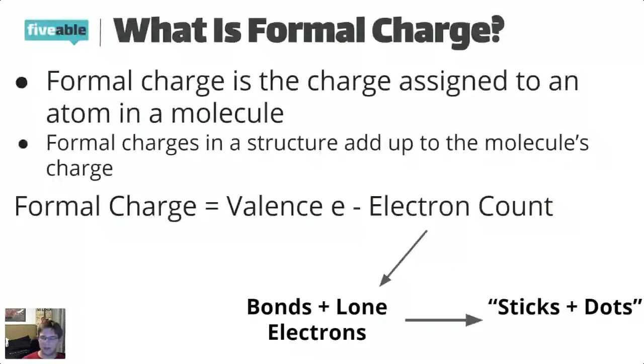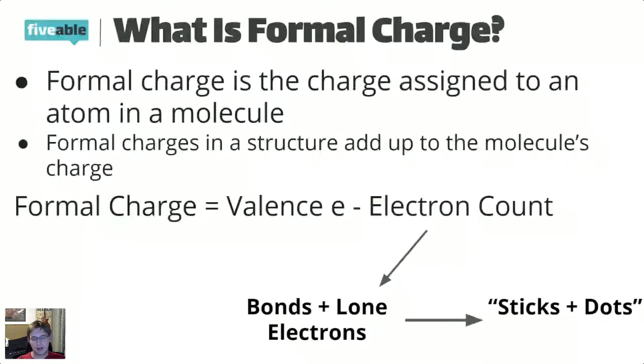And this will make sense once we take a look at an example in a few minutes. So the formula for a formal charge for a specific atom is that you take the number of valence electrons it has, right? So for example, oxygen, it's 6, fluorine, it's 7, carbon, it's 4, and you subtract the electron count.